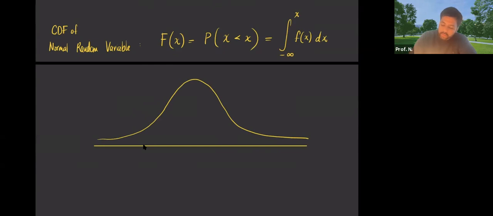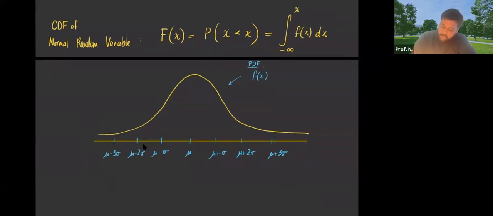So if I have a normal random variable PDF, and I have mu, mu plus sigma, mu plus 2 sigma, and so on, sometimes I want to find this region here, this area.